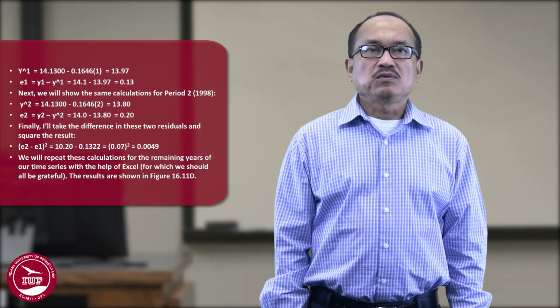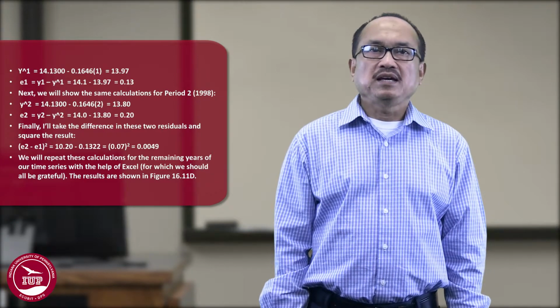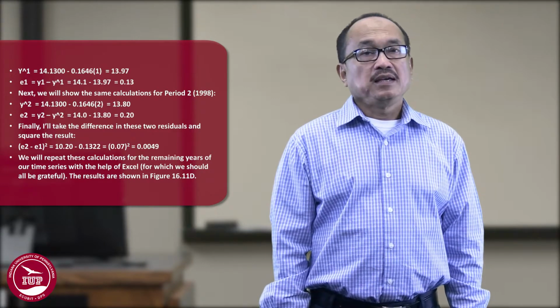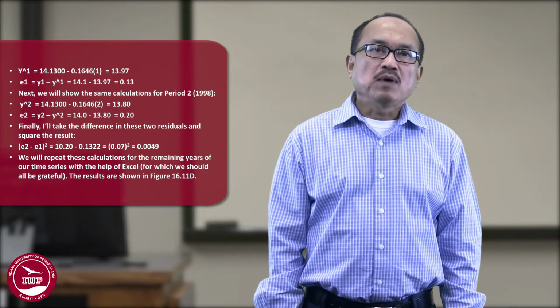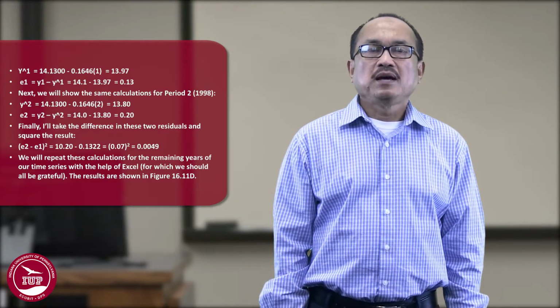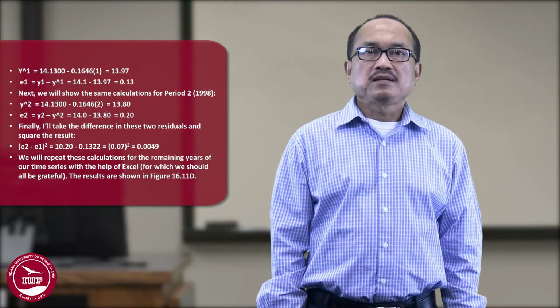Y hat 1 is equal to 14.13 minus 0.1648 times 1 equal to 13.97. E1 is equal to Y1 minus Y hat 1 equal to 14.1 minus 13.97 equal to 0.13.